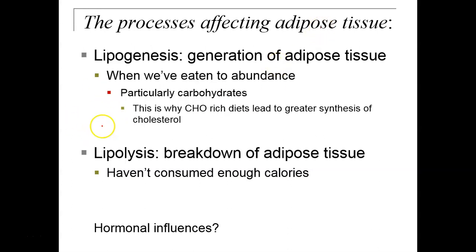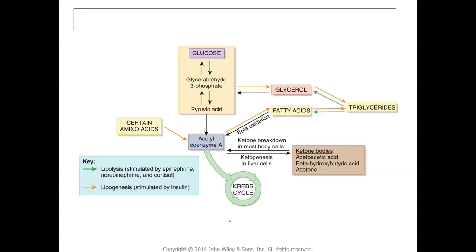All right. So again, the hormonal influence of this, the biggest one, insulin. That's the number one, that's the big guy. This is what's going to cause your body to store blood glucose in the form of, one, glycogen, and then two, triglycerides.